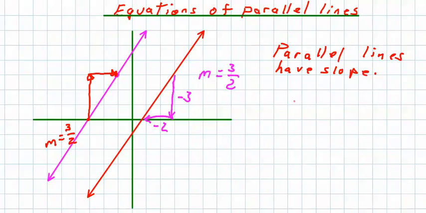So I'm going to give you the equation of one line, the red line, and a point, some random point on the other line, and you have to find the equation of this other line.